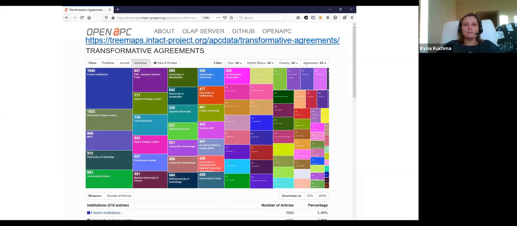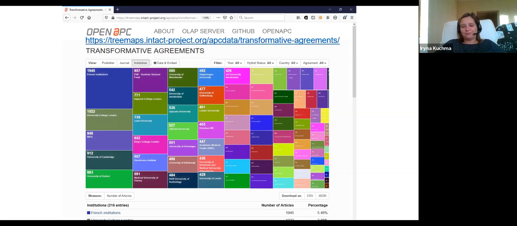And when these framework agreements are negotiated, ideally negotiations are not to have cost increase. So for the same amount of money that countries or institutions are already paying, they could have this open access publishing option. When these agreements are in place, and as you can see, there are many agreements in place already, then authors don't need to pay article processing charges.